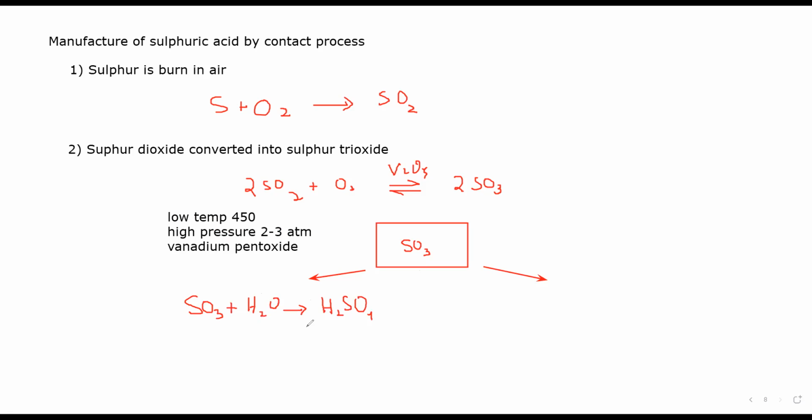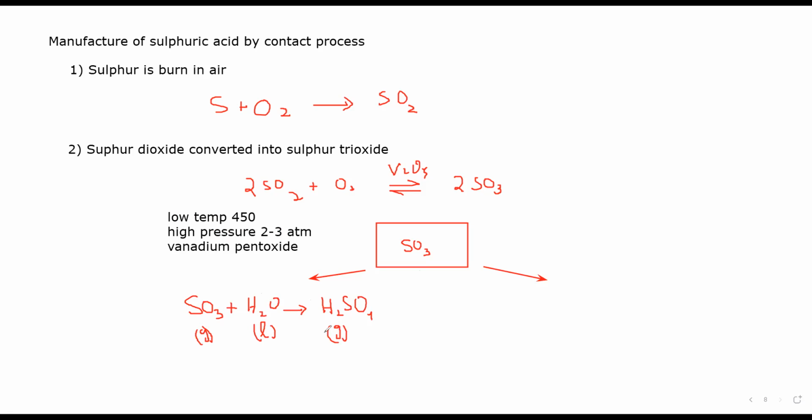This is one process. But the problem is that sulfur trioxide is a gas and water is a liquid, and when this reaction occurs, it produces vapors or fumes of sulfuric acid. The reaction is violent and exothermic.